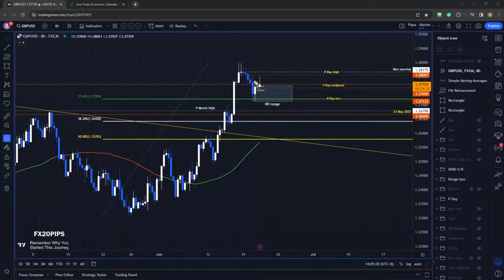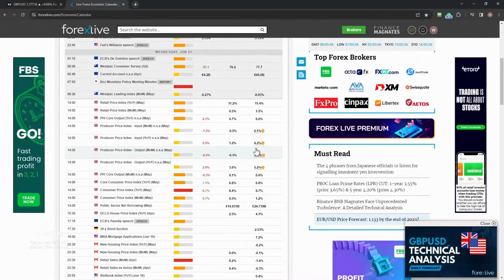We shall see. It might simply keep going up from here. But to me again, like I said, the price is too high for me to chase the market. I try not to chase the market. Furthermore, this is Wednesday and we have a few more news yet to come.